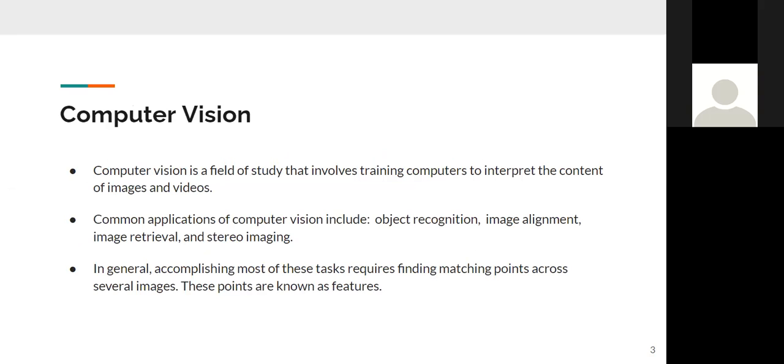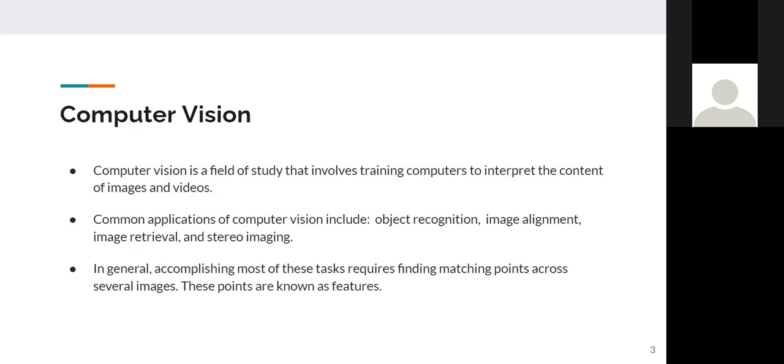Before we talk more deeply about SIFT, I will give a brief overview about computer vision. Computer vision is a field of study that involves training computers to interpret the content of images and videos. Common applications of computer vision include object recognition, image alignment, image retrieval, and stereo imaging.